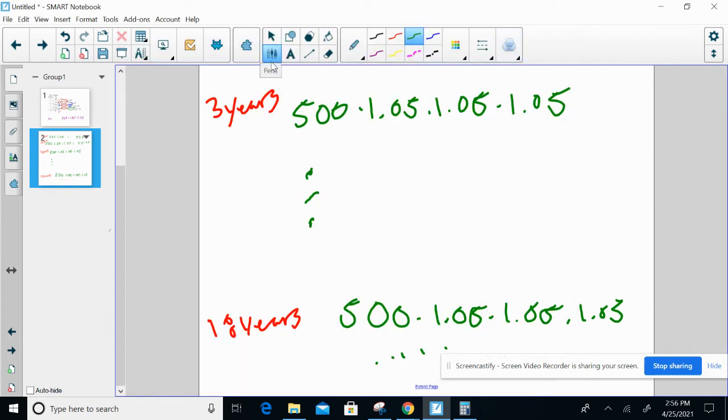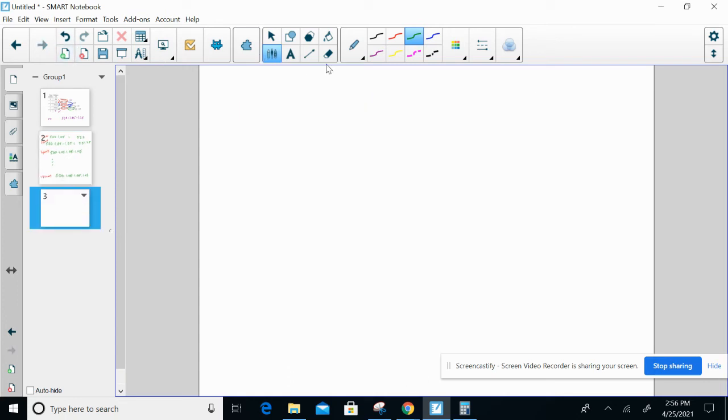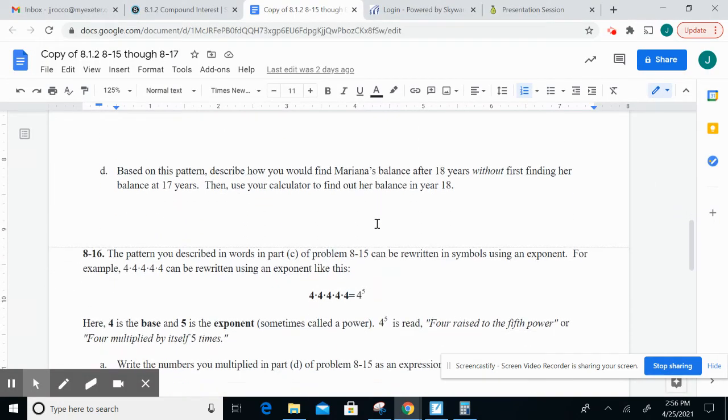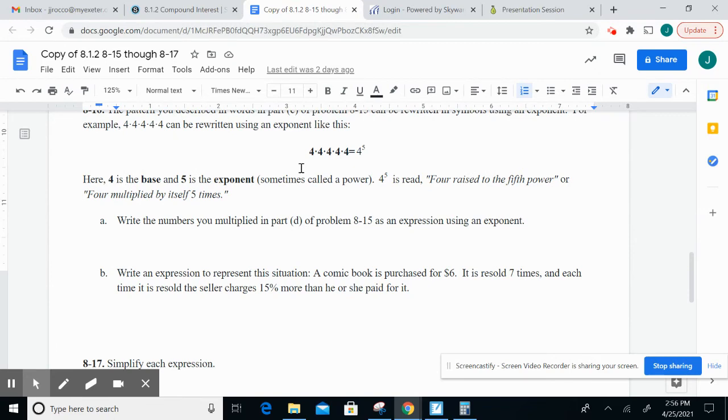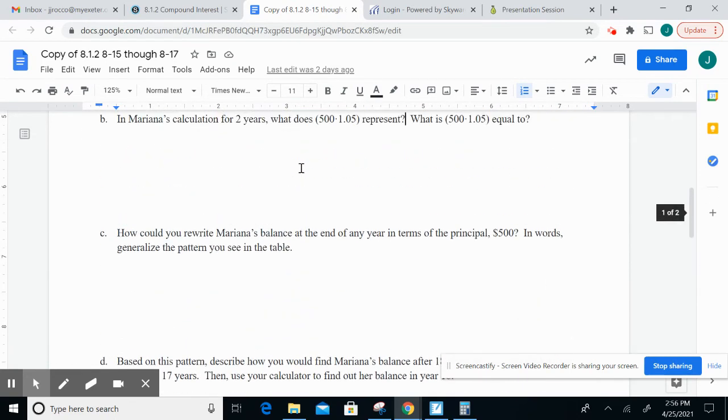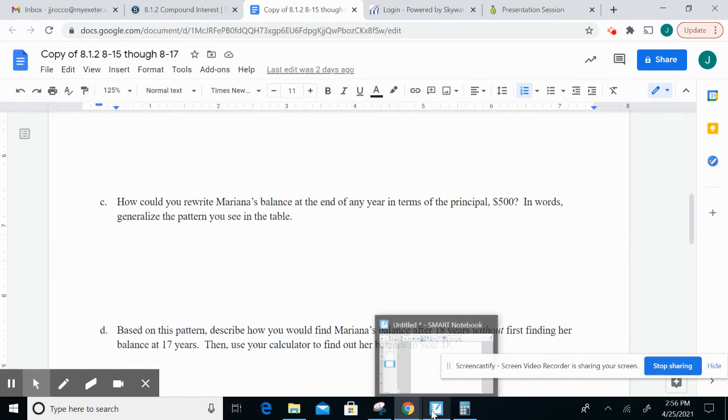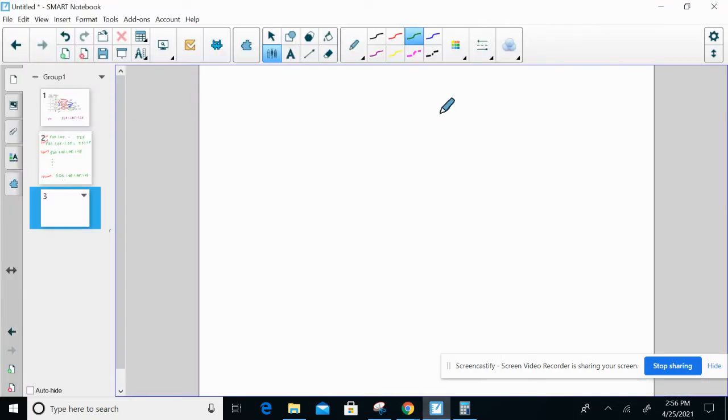And the thing about it is, how do we write multiplication a whole bunch of times? That's the question. Okay. And if you look at the worksheet, it kind of gives it away down here. It's exponents. Exponents represent multiplication done a whole bunch of times. So when it comes to this investment thing, 500 was our original, right?